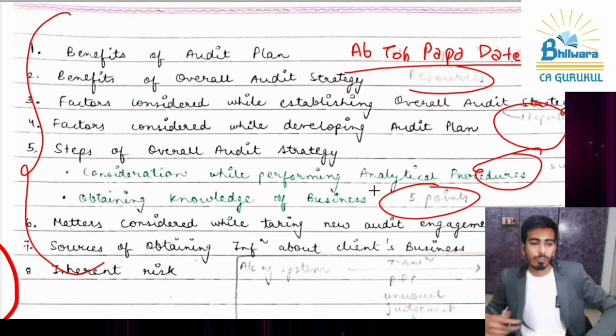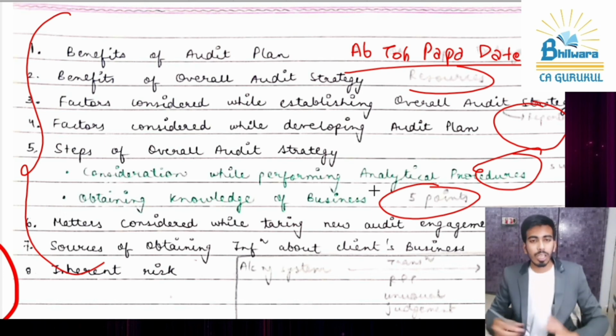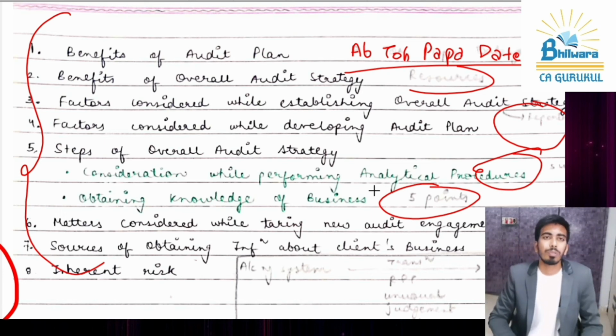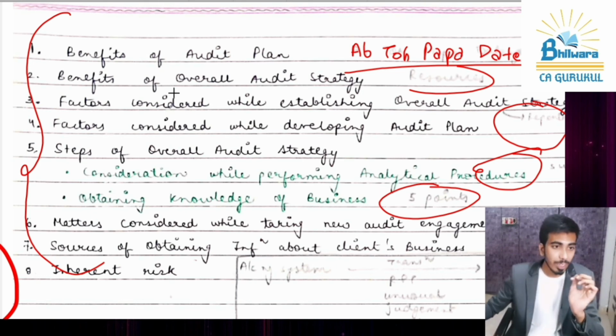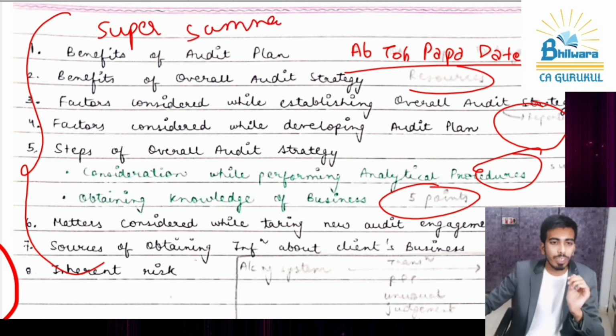And now I have written 5 points. The major intention behind this exercise is making super summary notes. Super summary notes are of 4-5 pages, 10 pages.